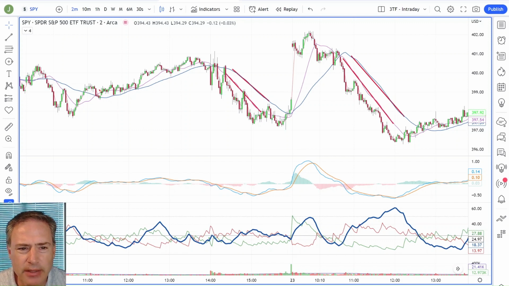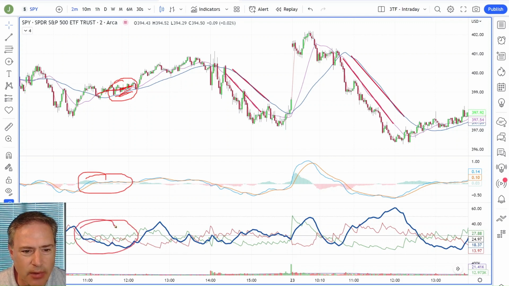The other thing I would tell you is, if this line is rising and this line is rising and the price is above, we have a trend in that time frame. So the 18 is above the 40 and both lines are rising. But I want to go down to the MACD and the ADX and get confirmation.